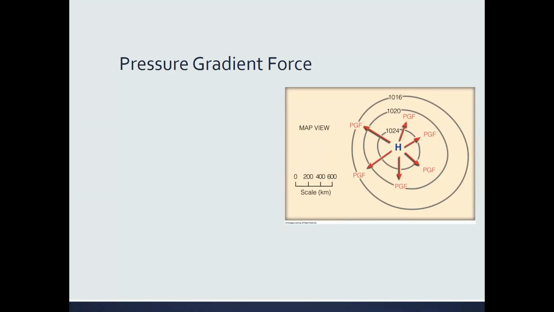What I do want you to know, though, is the way you can identify this on a weather map is simply by looking at how close the isobars are to each other. When the isobars are close to each other, that means you have a good difference over a small distance. That's a strong wind.